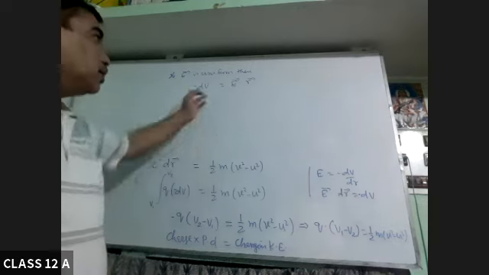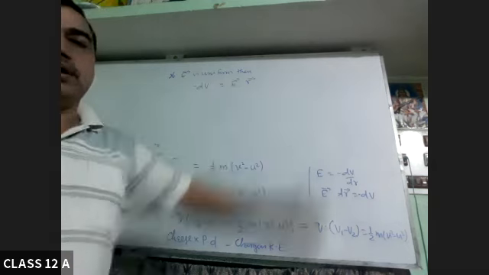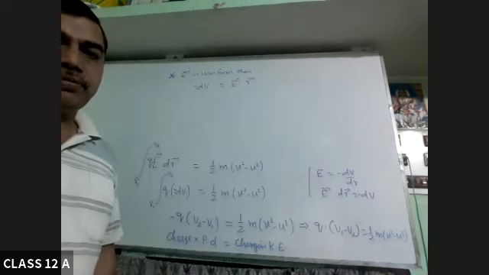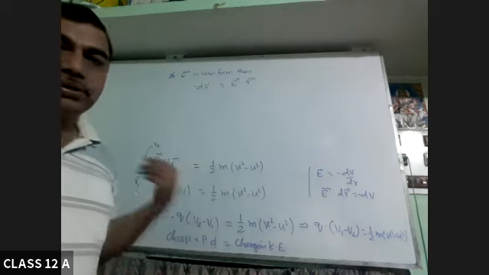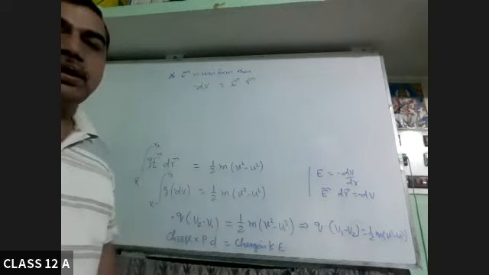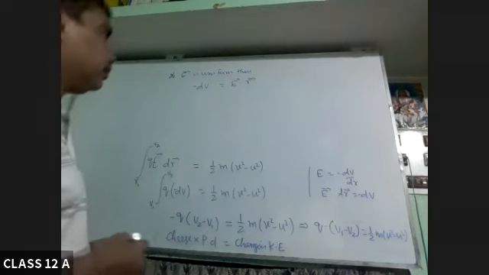If you are moving in the direction of the electric field, potential will keep on decreasing. dV will be negative, that is, V2 minus V1 will be negative. If you are moving opposite to the electric field, then dV is positive.